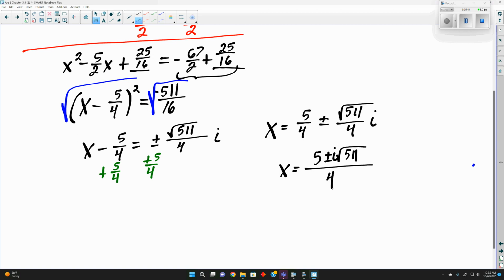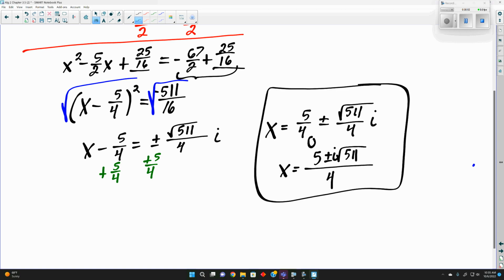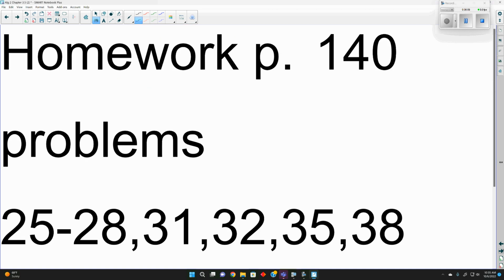They both have the same denominator, so I could combine them to make a single fraction. Either one of these is the correct answer. So the completing the square method works on all of them. It's not nice on all of them, but it does work on all of them. And that is it.